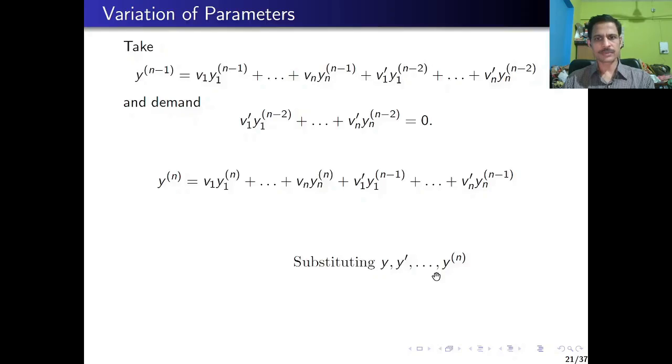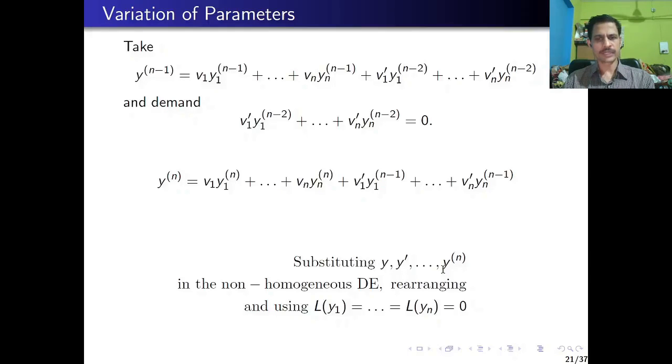Now we substitute y, y prime and so on up to the nth derivative of y in the non-homogeneous differential equation, just like we did for the second order non-homogeneous differential equation, and we use the fact that y1, y2 and yn are solutions of the homogeneous differential equation.